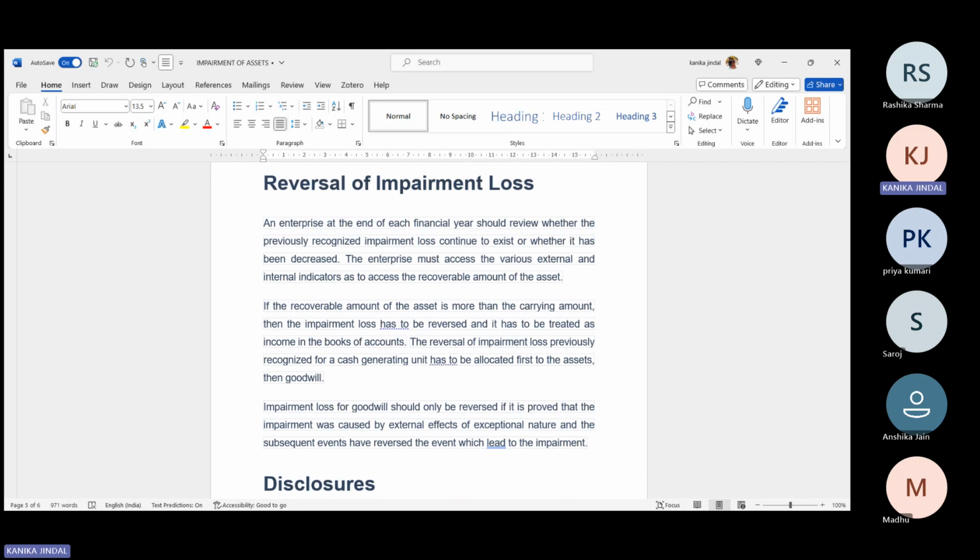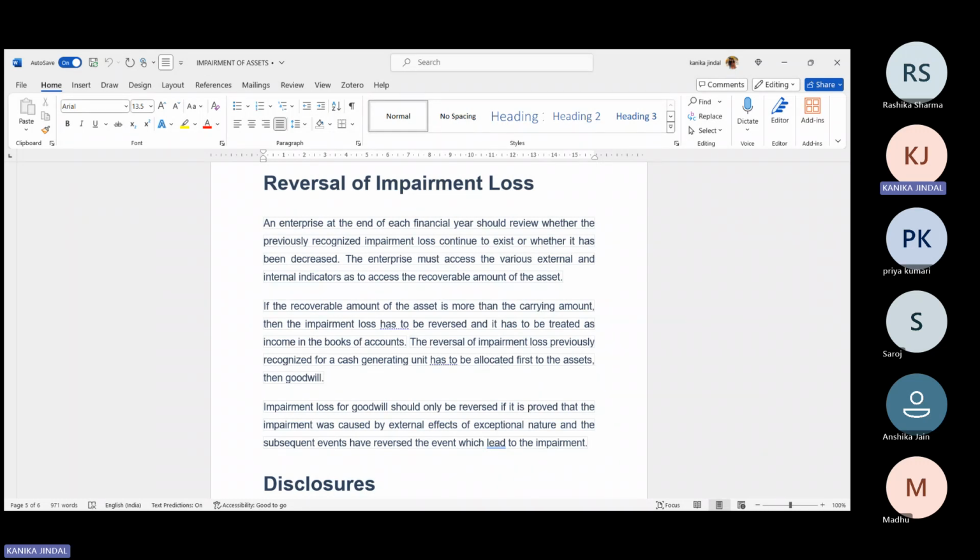So in that case, the impairment loss has to be reversed and treated as income, because now 80,000 is the book value and we are getting 1 lakh rupees as recoverable amount, so we have a profit of 20,000 which we will treat as income in our books of accounts, and it is also known as the reversal of impairment loss.